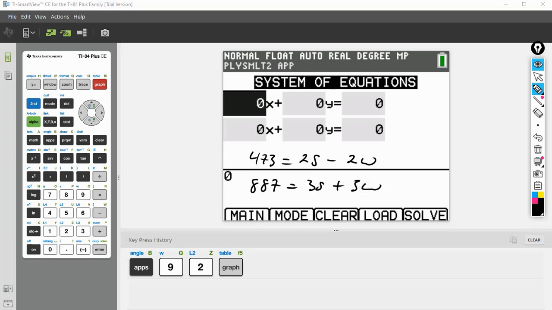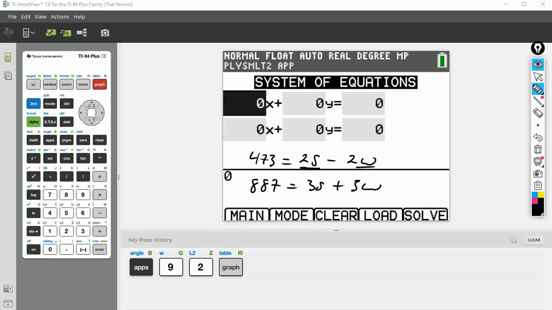So these are the 2 equations that we're going to solve with the calculator. So s can be our x and y can be our w, or w can be our y, I should say.